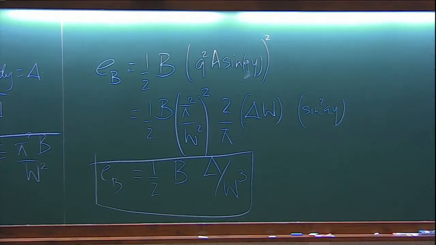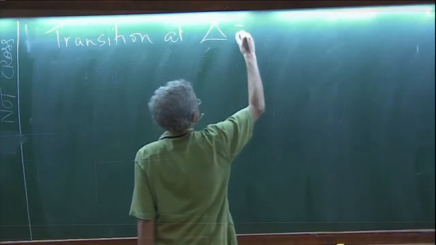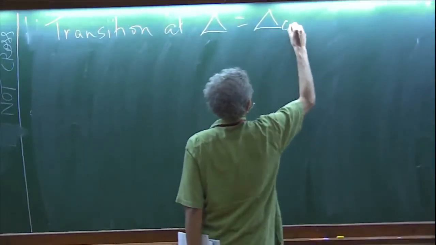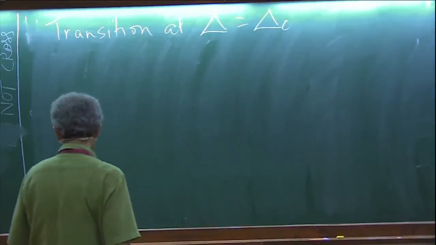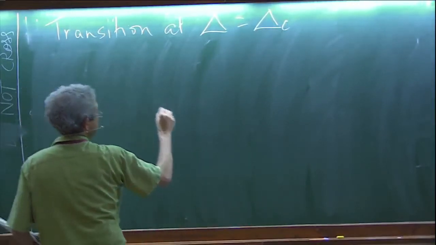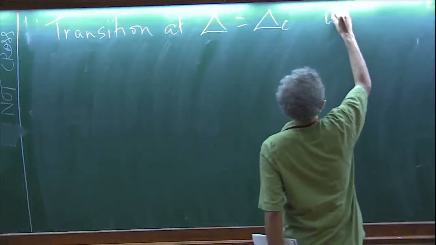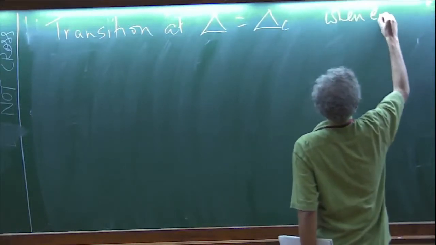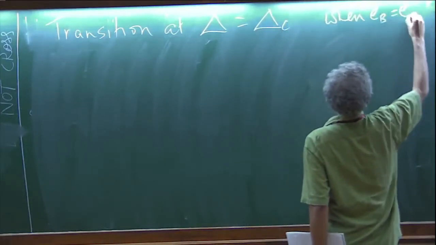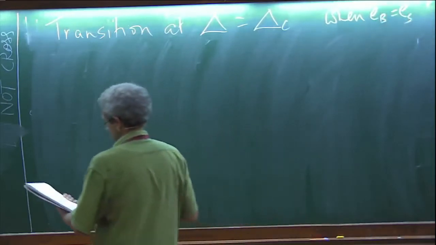So what I wanted to get for you is this. First, you get a transition at some critical value of delta in this way of doing things, when E_B equals E_S.